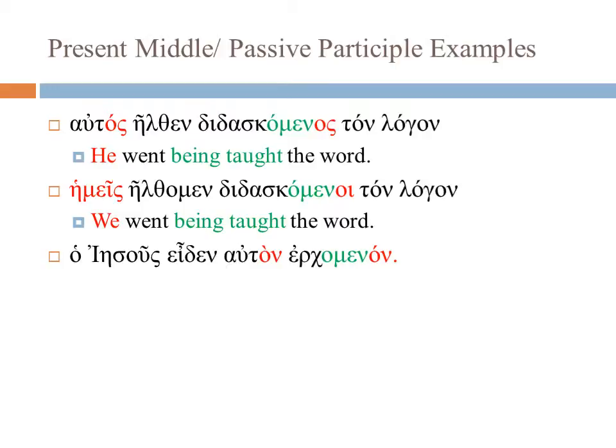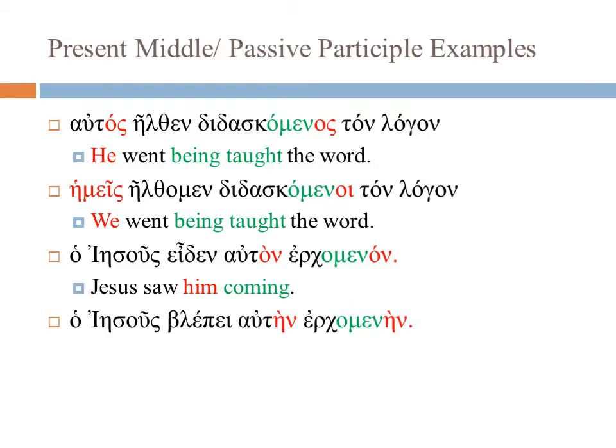It cannot refer to ha-Jesus, because Jesus, although it's masculine, is in the nominative. So it must read, Jesus saw him coming. Once again, in English we would have a dangling participle, but in Greek we have no problem understanding who's coming and who's seeing.